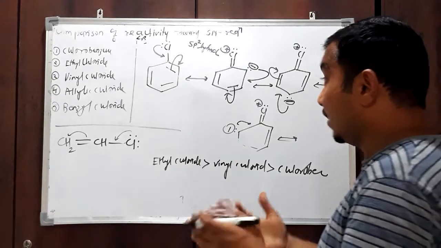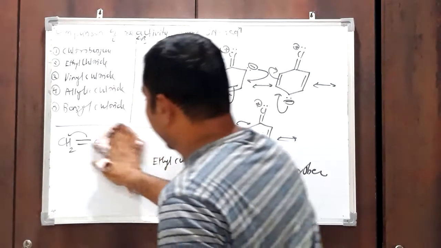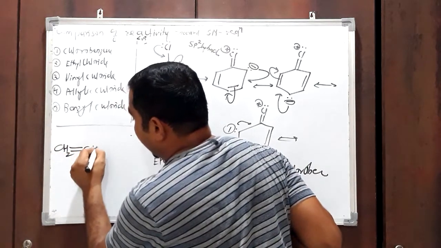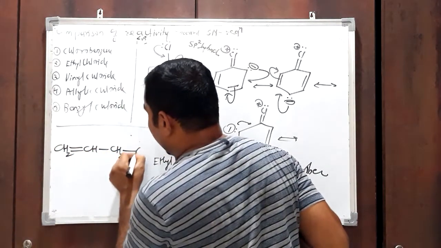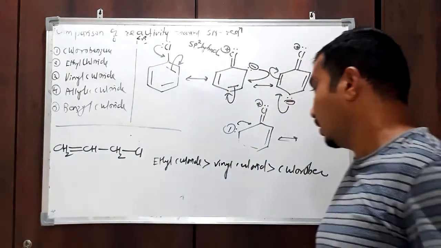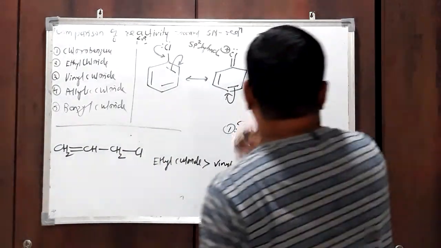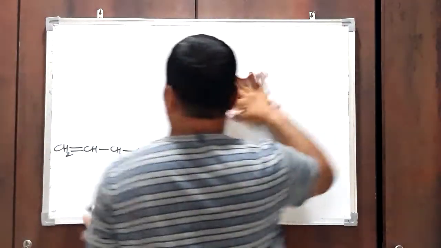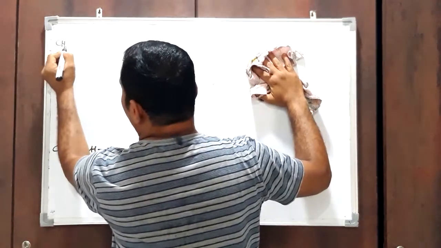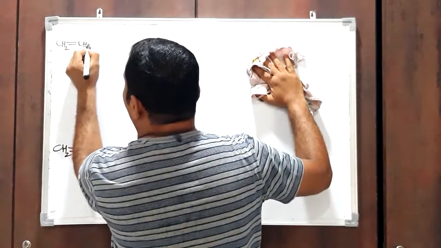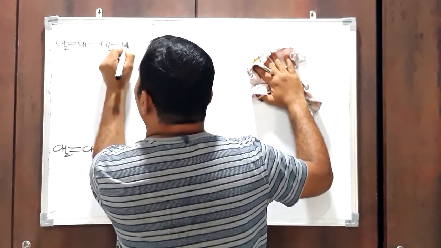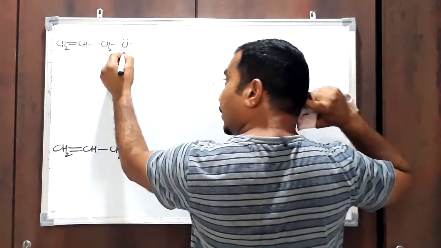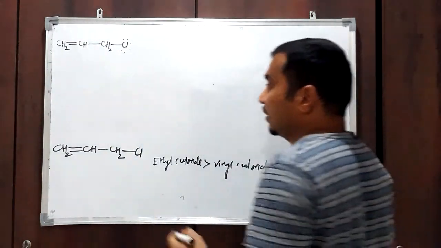Now allyl chloride. This is the structure of allyl chloride. We will complete it one by one. Consider allyl chloride, and see what the difference is between allyl chloride and vinyl chloride.